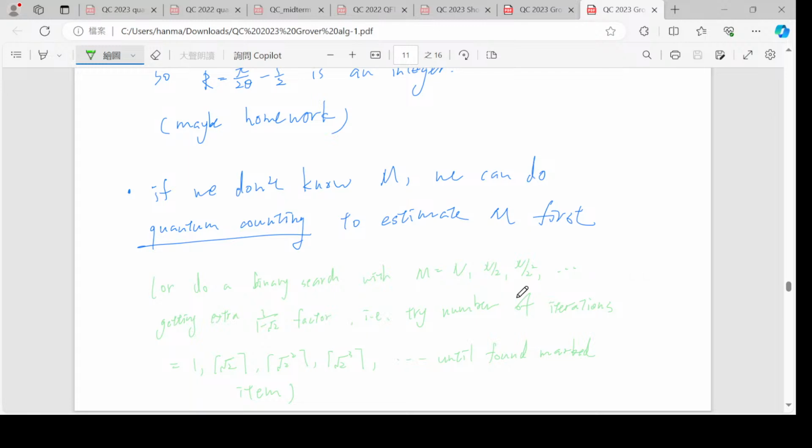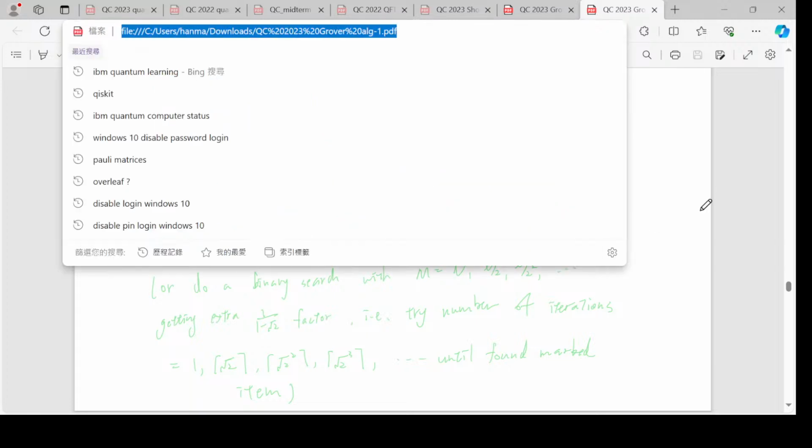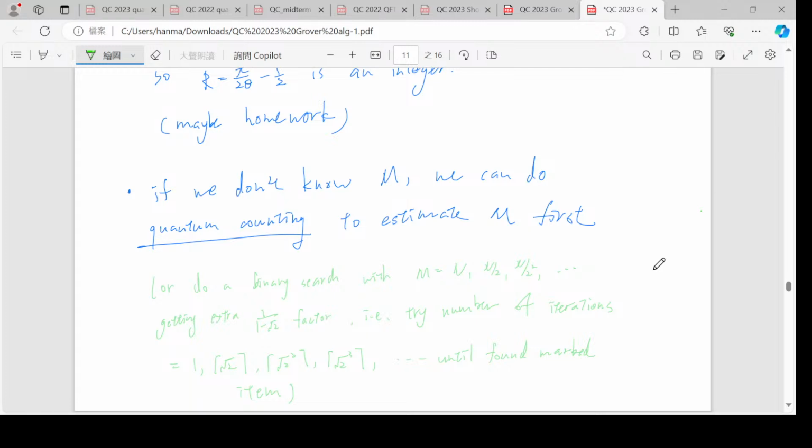Why does this binary search sequence work? So your m will fall somewhere in this sequence. If you think about this sequence, its length, the number of turns here, is about log n, but actually you don't even get an extra log n factor.